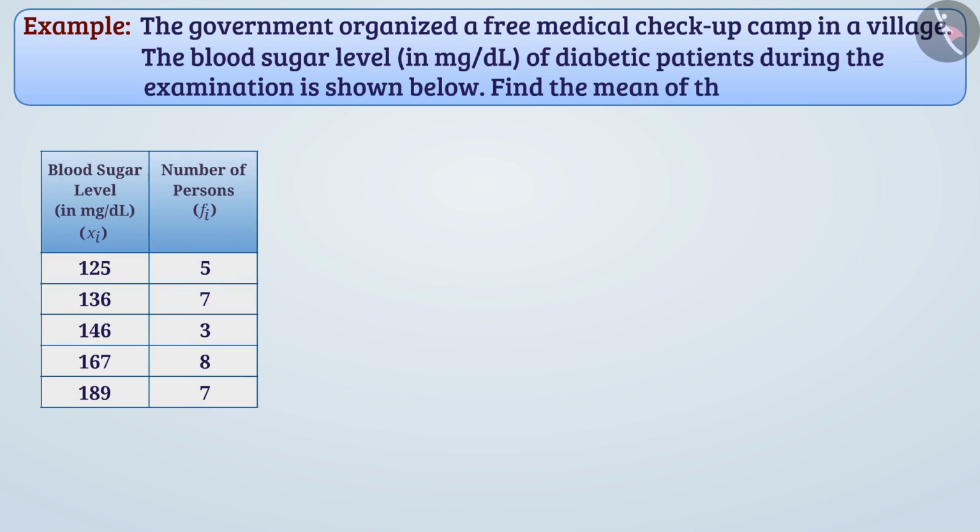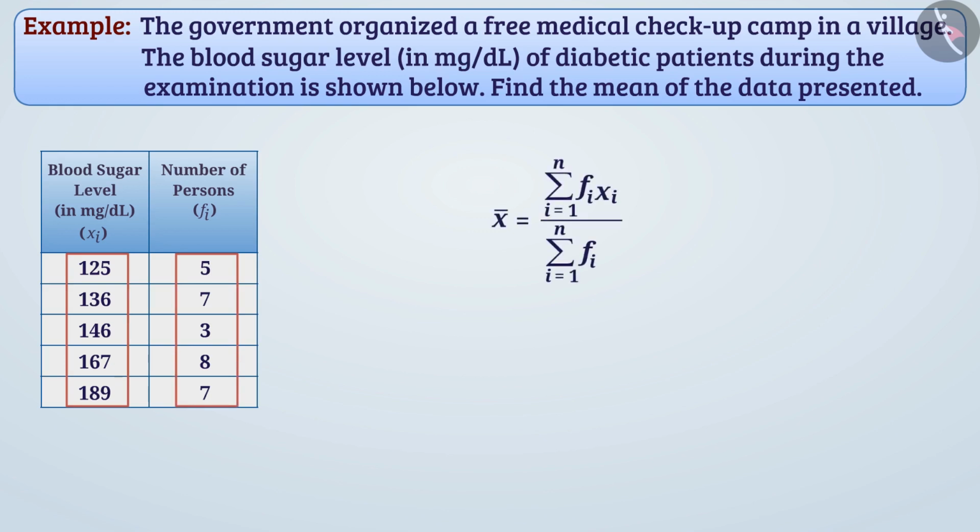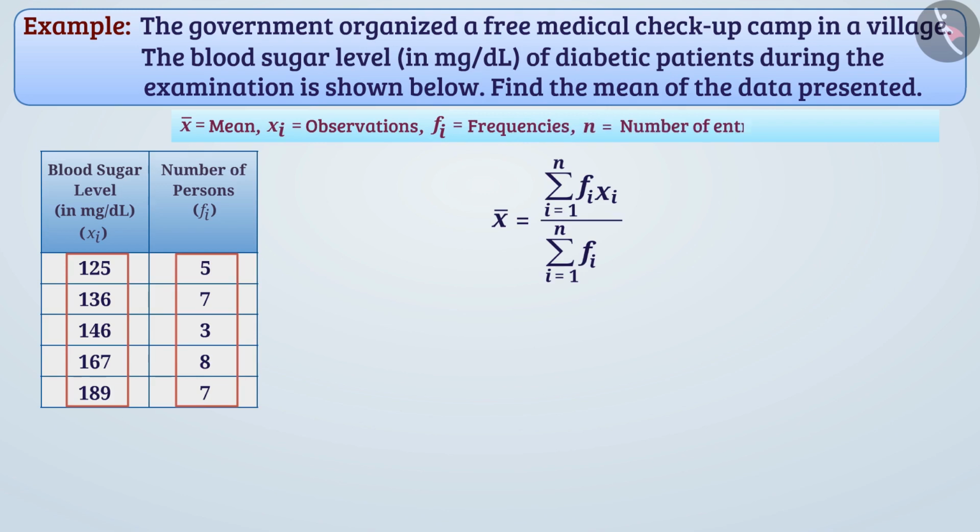Find the mean of the data presented. Here, we are given observations and their frequency, so we should use this formula to get the mean. Here, x bar is the mean, xi is observations, fi is frequencies, and n is the number of entries in the table. Here, n is equal to 5.